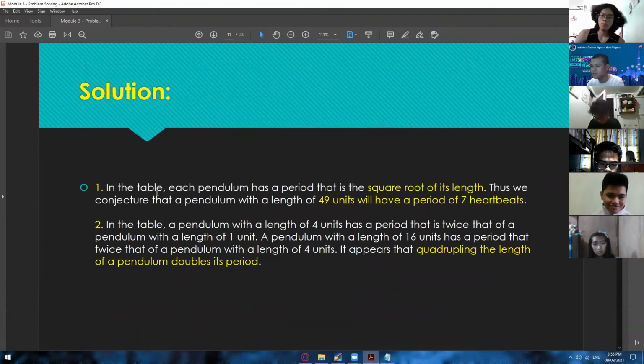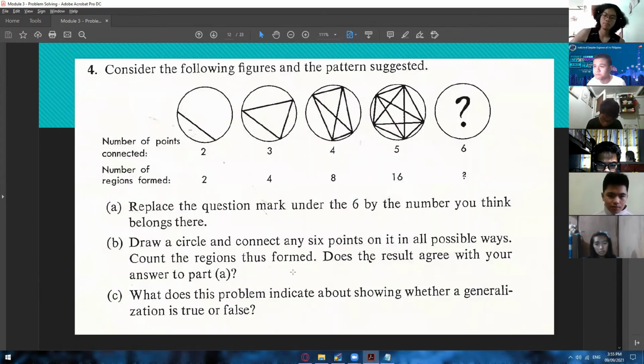Anyway, here is the solution. Here are the explanations for number one and number two. Quadrupling the length of a pendulum doubles its period. Now let's answer this one. Consider the following figures and the pattern suggested. Here are the number of points connected, and here are the number of regions formed.